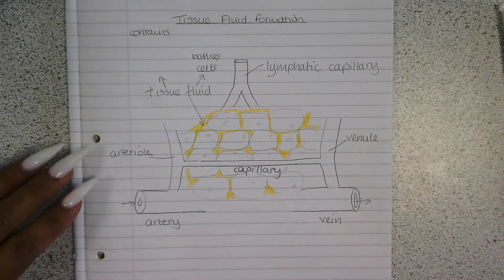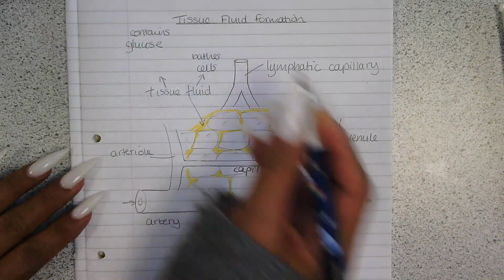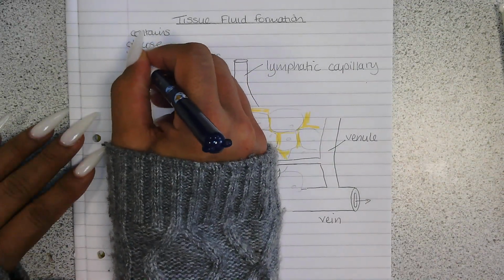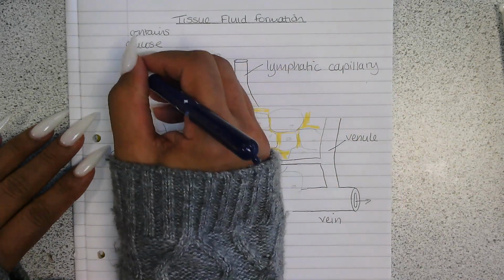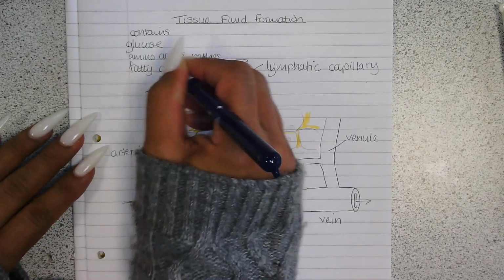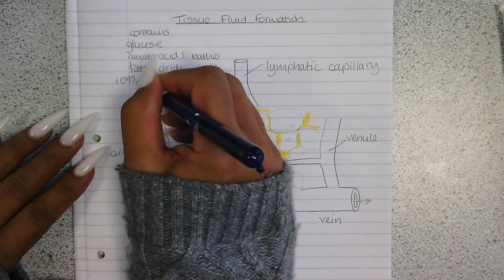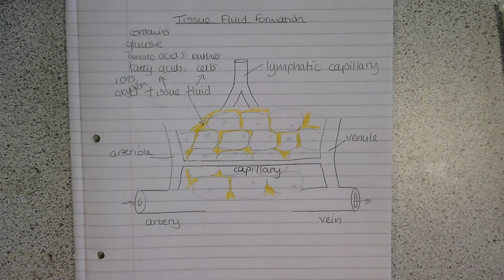And it contains the things that the cell needs, like glucose. It will contain amino acids, fatty acids, ions, oxygen. It will contain the things that the cells need.